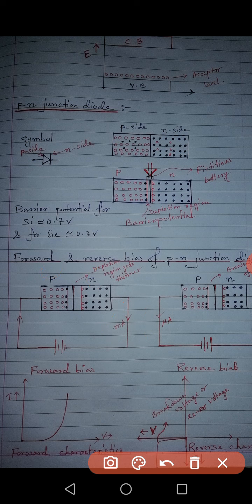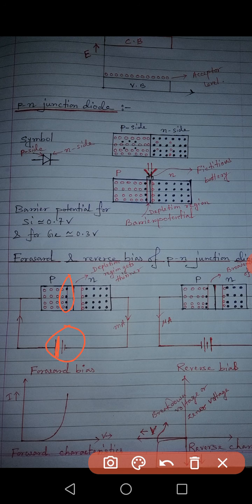And one very important thing, that in this mode of connection or in forward bias, the depletion region gets thinner, right? Why does the depletion region get thinner in this case? See, we can think of it in this way, that if this is the negative and positive side, and these are the electrons present here.